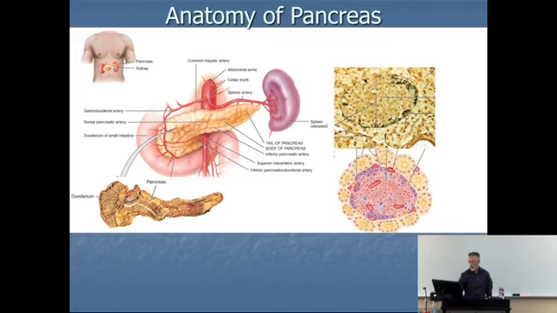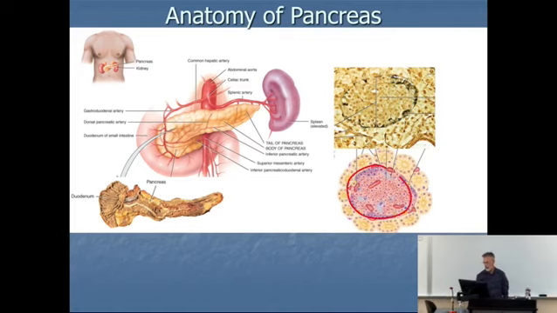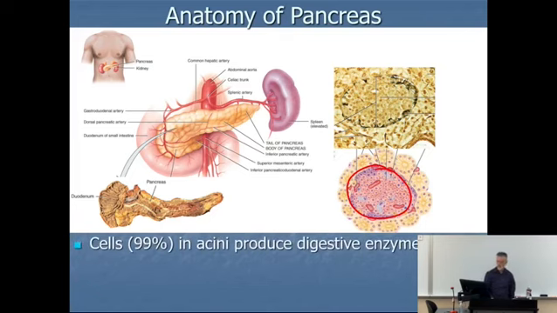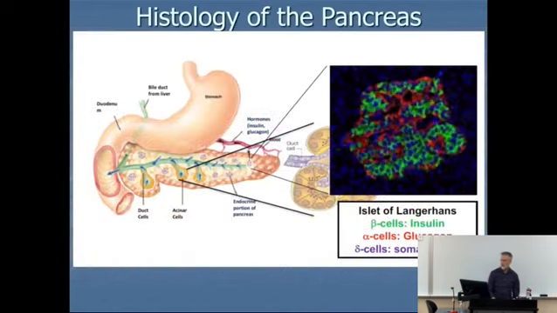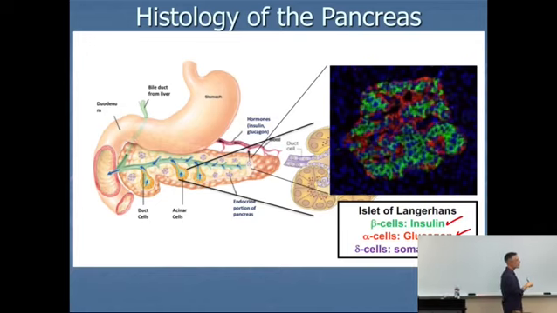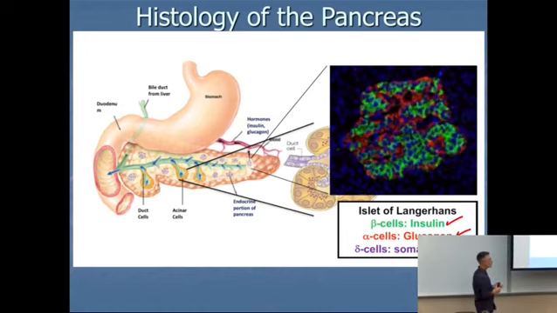But the primary organs and primary areas of an organ that control our glucose levels in the blood are going to be those pancreatic islets that we see in the microscope, where we have both insulin and glucagon being produced.